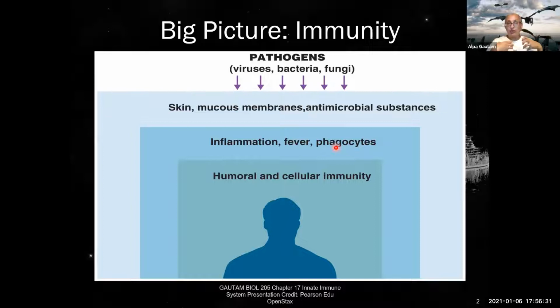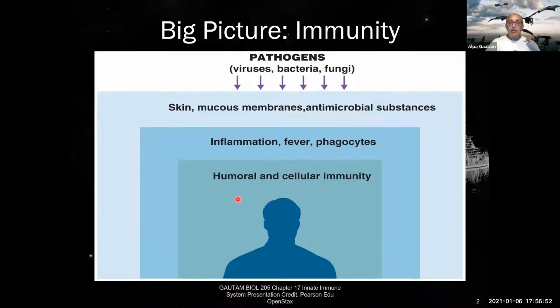So phagocytes are cells that bring in a foreign particle that the cell detects. Could be a pathogen, could be cellular debris, and it brings it in, keeps it in a vesicle, destroys it, and then releases it. So this is how you get rid of pathogens.